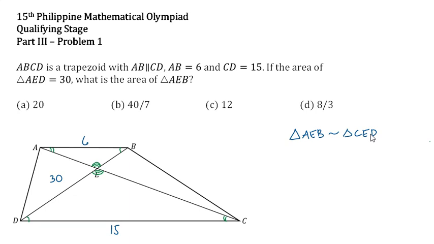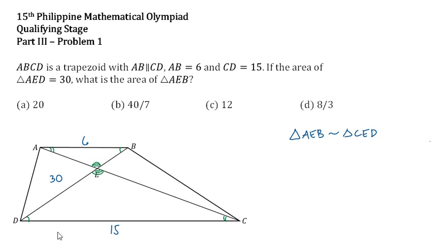Now, recall that the ratio of the areas of similar triangles is equal to the square of the ratio of their corresponding sides. Notice that one pair of corresponding sides of triangles AEB and CED consists of sides AB and CD.